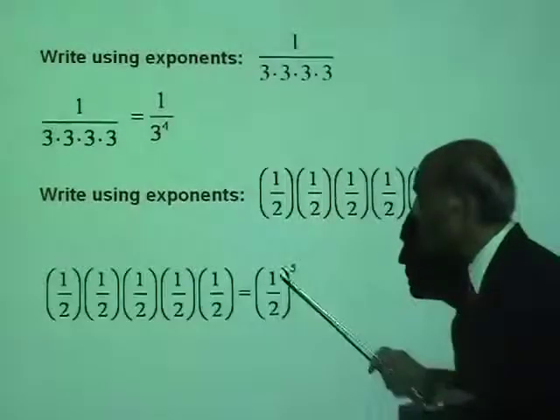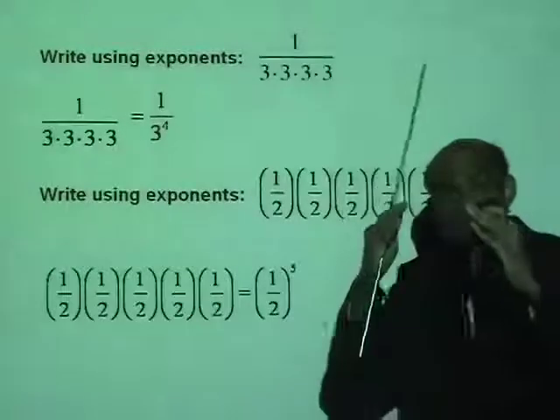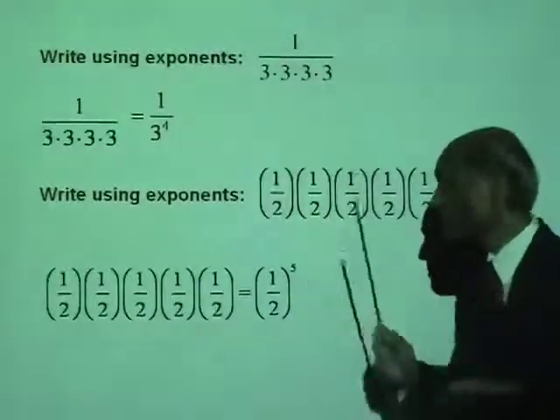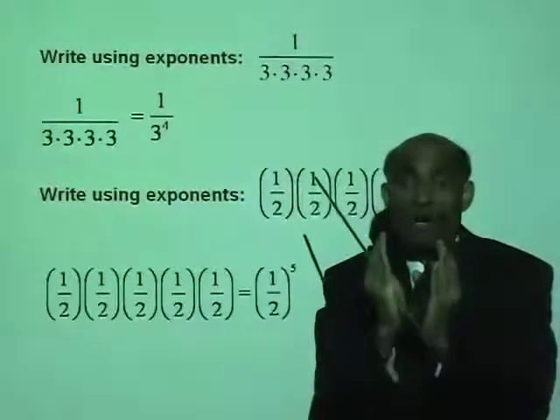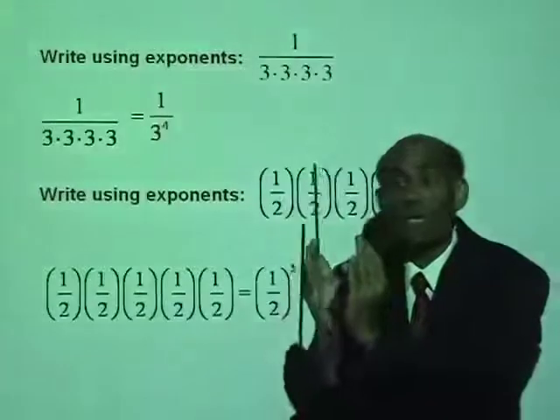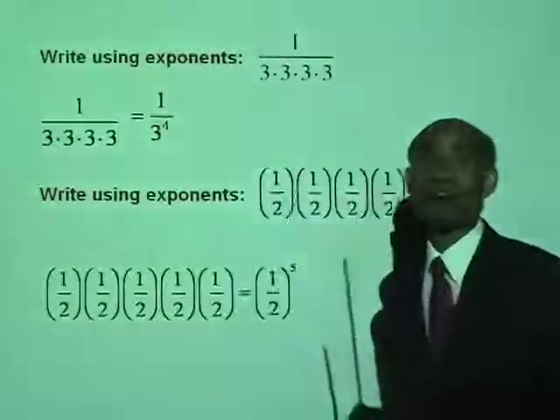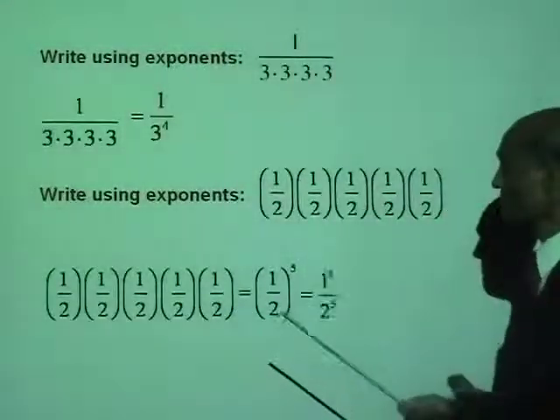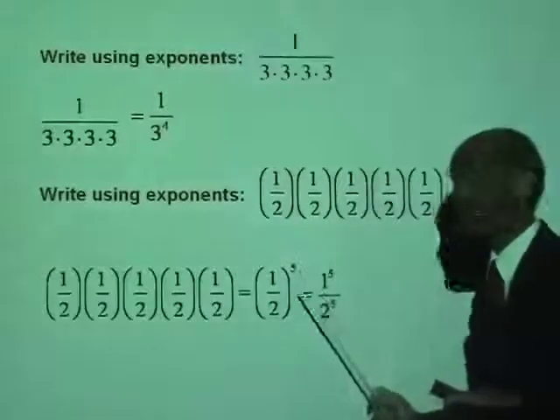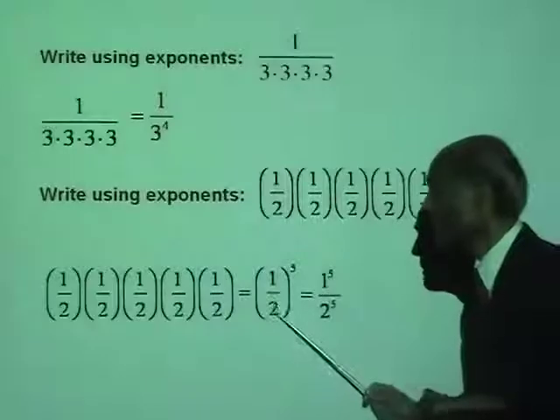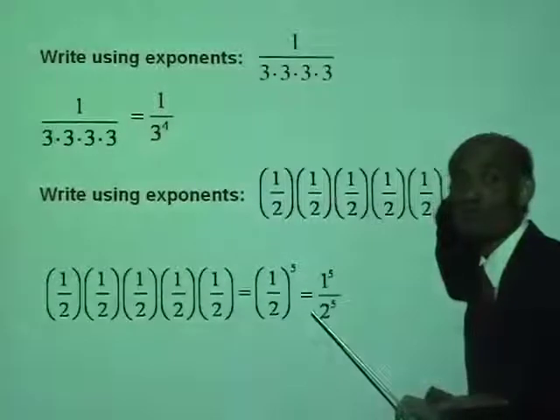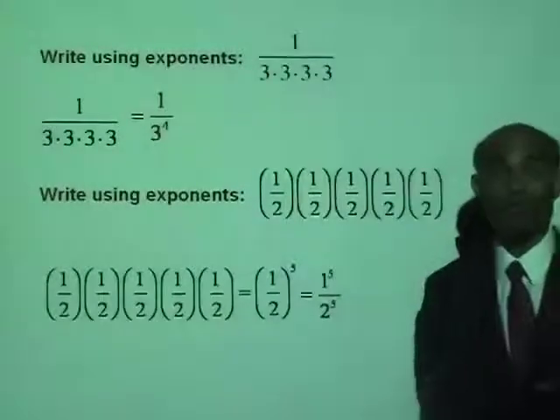The quantity 1 over 2 in parentheses raised to the power of 5. In other words, it is that quantity 1 over 2 repeatedly multiplied 5 times. And this is the same as 1 to the power of 5 divided by 2 to the power of 5. It's a very important property.